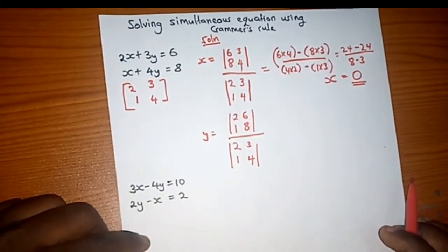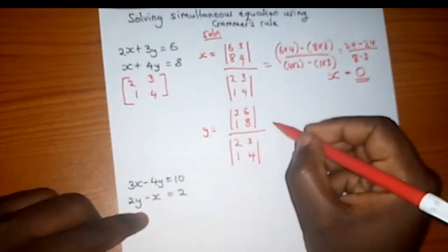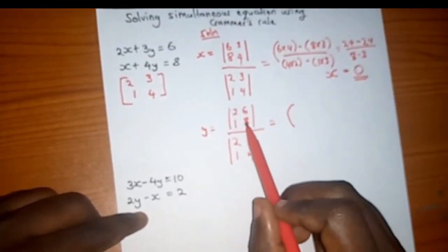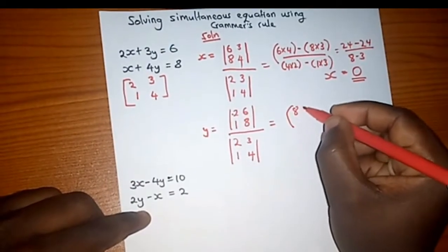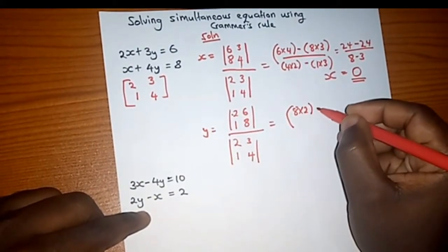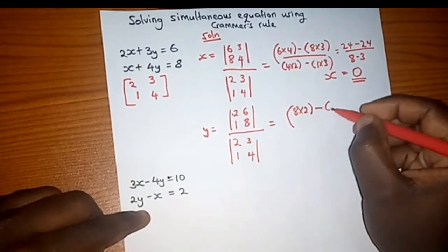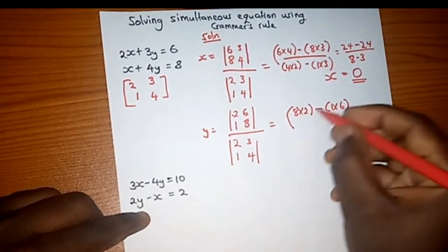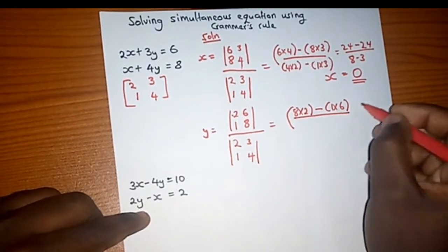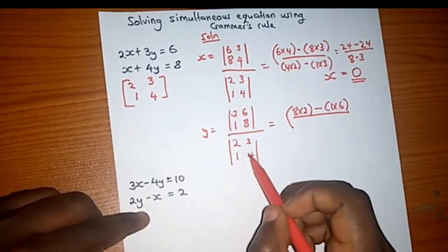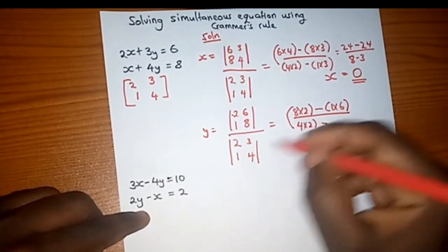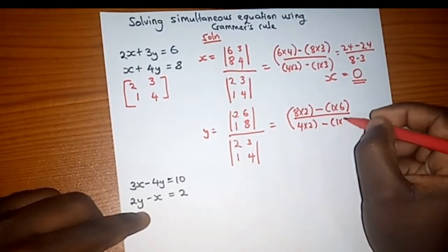If you go to the value of y, just multiply 8 times 2 minus 1 times 6, out of 4 times 2 minus 1 times 3.